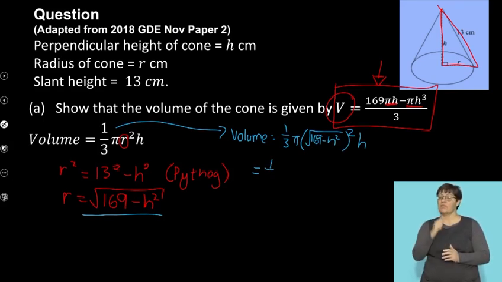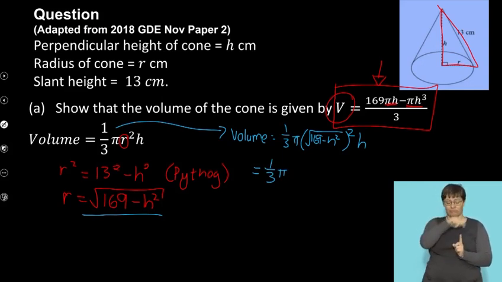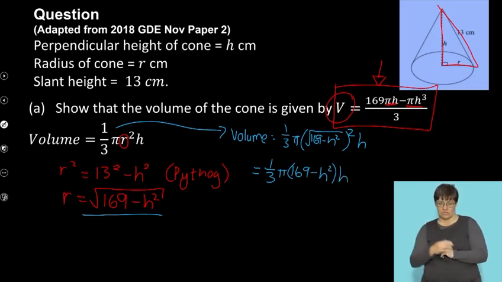Just a reminder, when I square something that is under a square root, it just returns to its original form. So this will just be 169 minus h squared, and this is being multiplied by h.